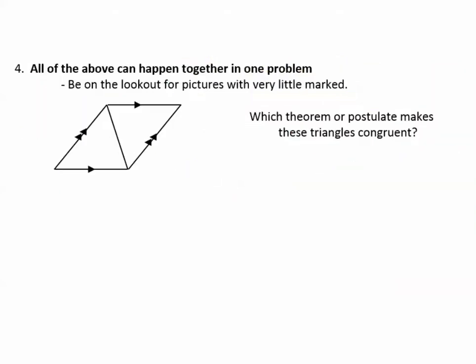Now you may be given a scenario where all of the above can happen together in one problem, or at least more than one. Be on the lookout for pictures with very little marked. What do we see marked here? That's right, just the parallel arrows. Let's trace over those parallel lines and see if we can find some congruent angles. So I have a parallel line here and a parallel line here.